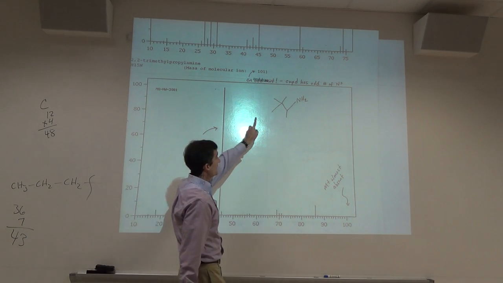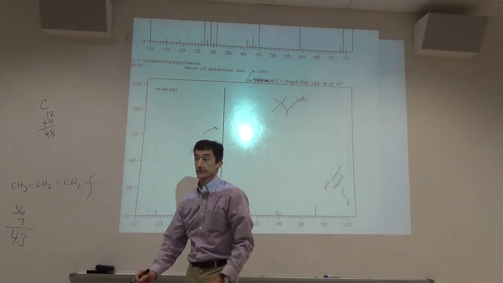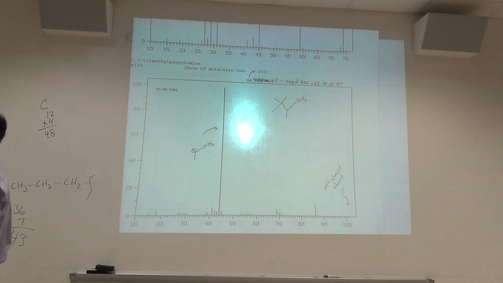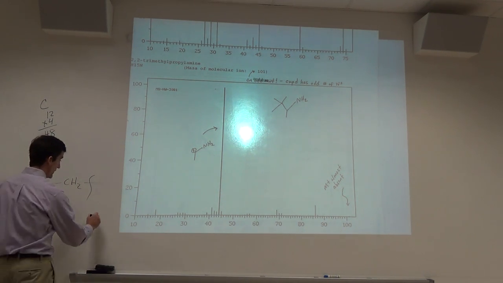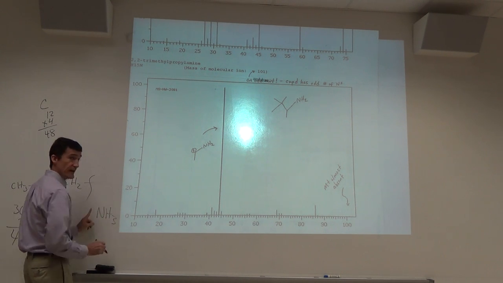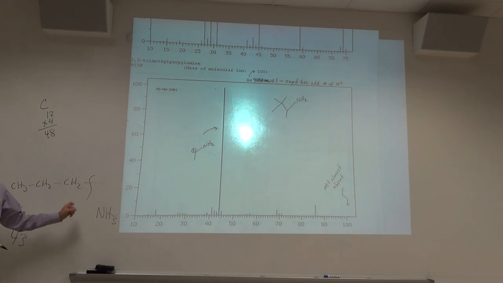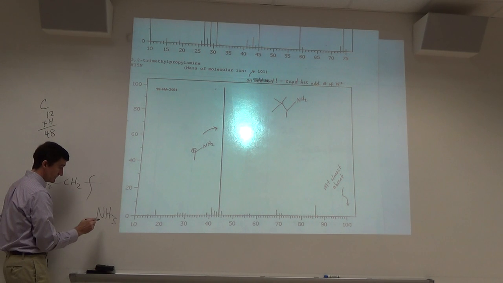Molecular weight is odd because the compound has an odd number of nitrogens. This is just a little kind of tricky thing to be aware of. If a compound has an odd number of nitrogens, the molecular weight will be odd. For example, ammonia has one nitrogen. Molecular weight is odd. What's the molecular weight?